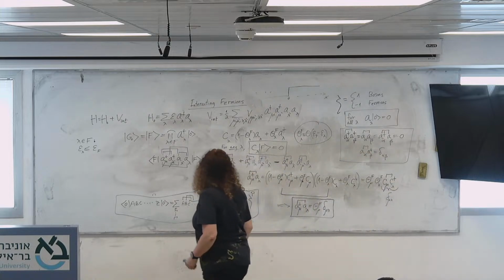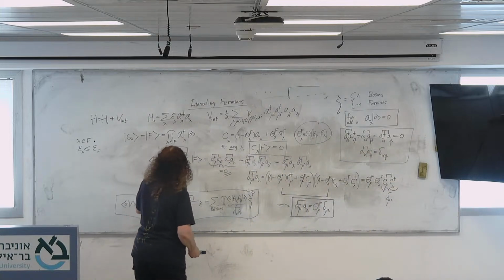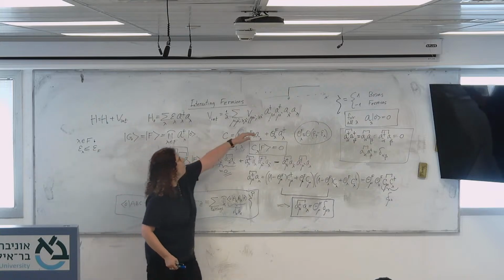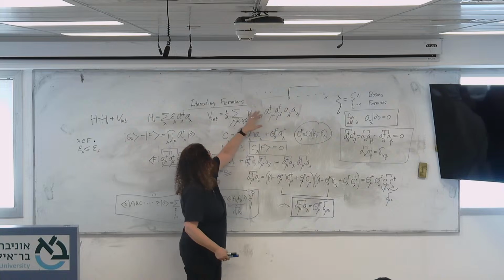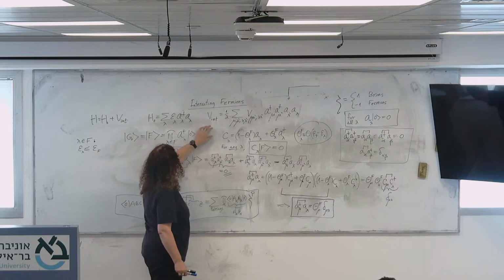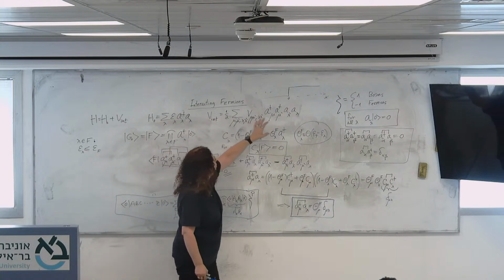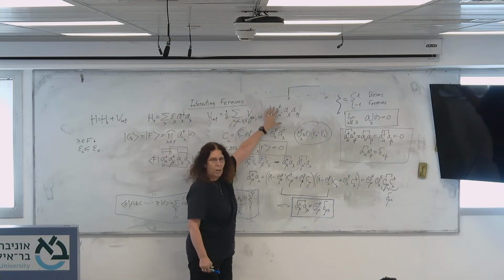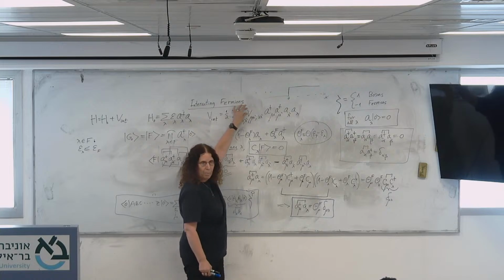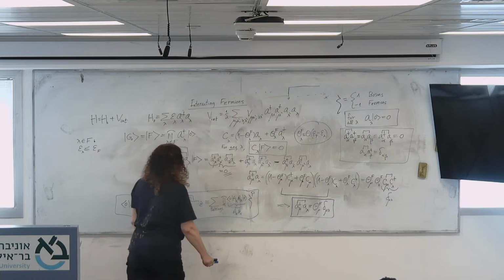So now we are in business because I only looked at one term out of many in this expression for the interaction. But the interaction now includes the sum of everything, and each such term is going to be multiplied by the matrix element.